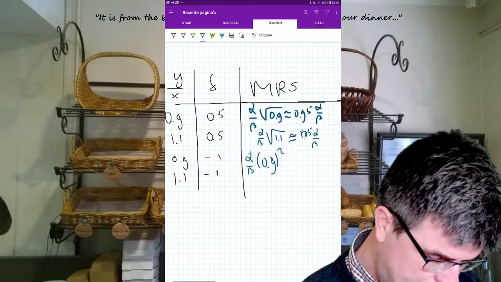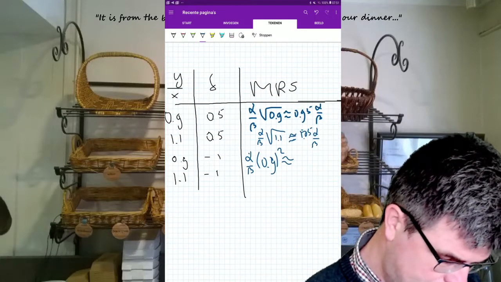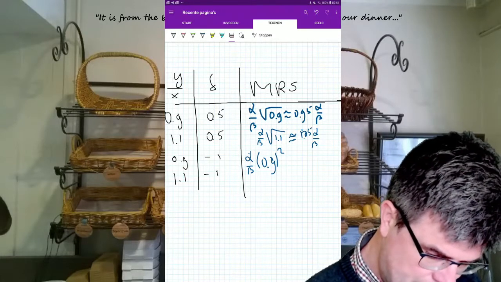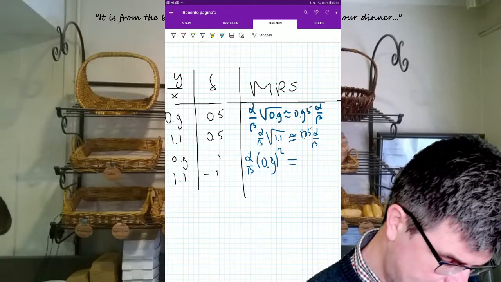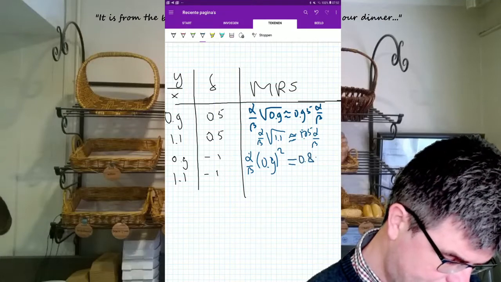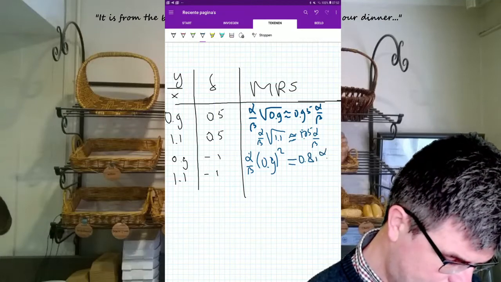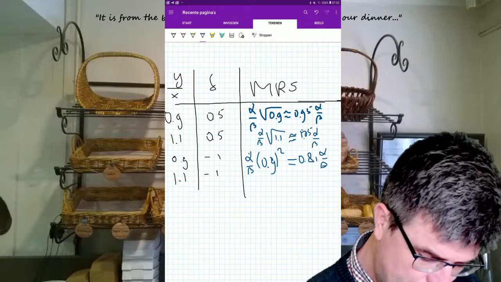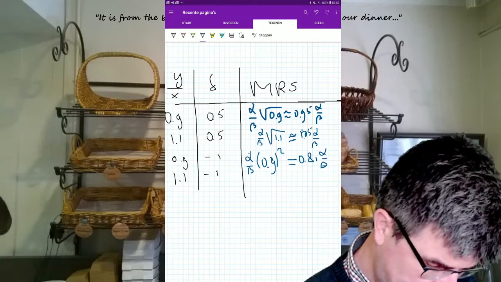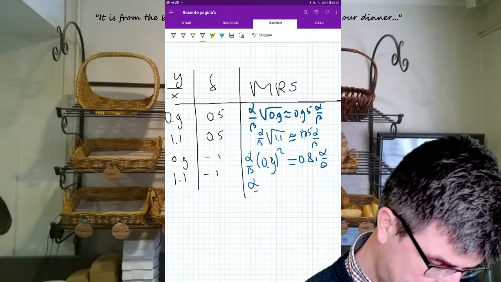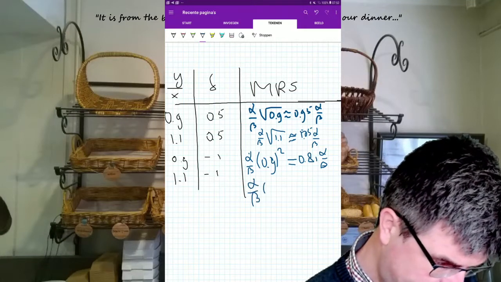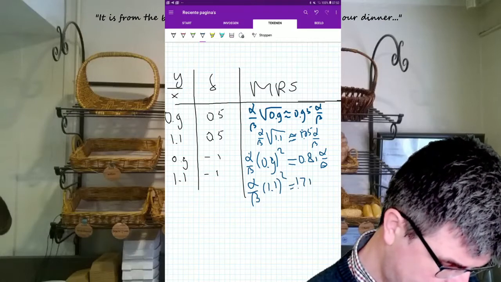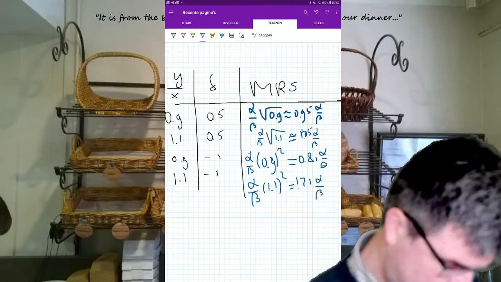And that one is, well, it's exactly identical, so we can write an equal sign here. 0.81 alpha over beta. And finally, if the ratio is 1.1 and the delta is minus 1, we get alpha over beta times 1.1 squared, which is 1.21 alpha over beta.